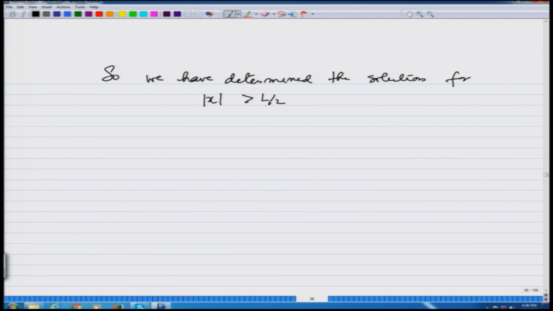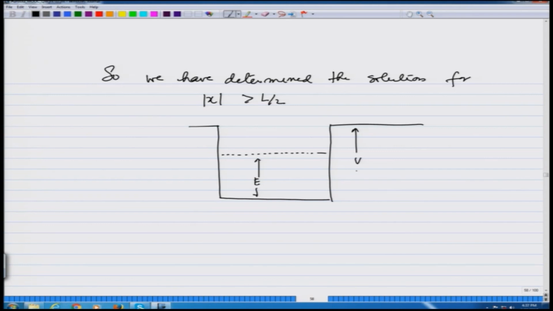And what we have found is that for the solution to be a bound state, the energy E is less than V 0, and on the right hand side, the solution should decay. On the right hand side, greater than L by 2, the solution should decay because it should go to 0 far away. On the left hand side, the solution should also decay.